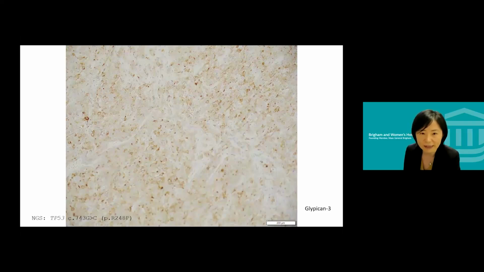In other words, it is positive for glandular markers, but also positive for hepatocellular markers. By NGS, this tumor had a TP53 mutation, which is not specific for any entity. TP53 mutation can be seen in both hepatocellular carcinoma and cholangiocarcinoma. So this would be a real intermediate cell carcinoma.